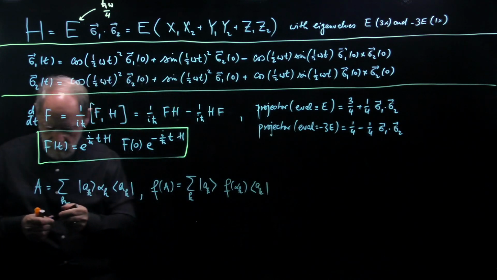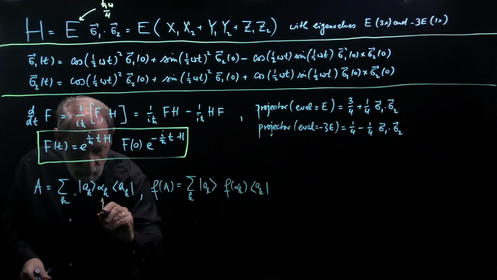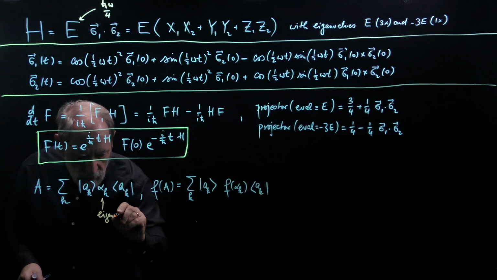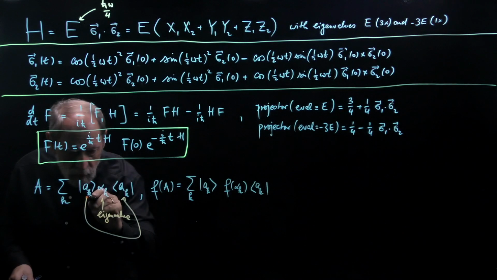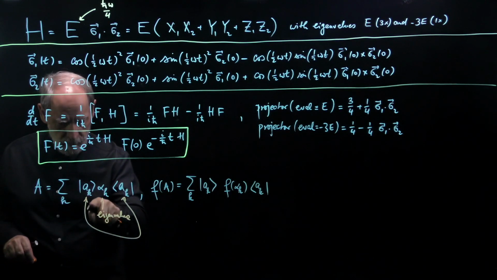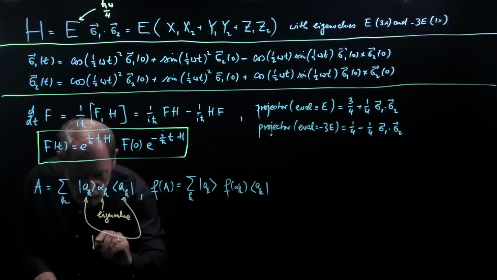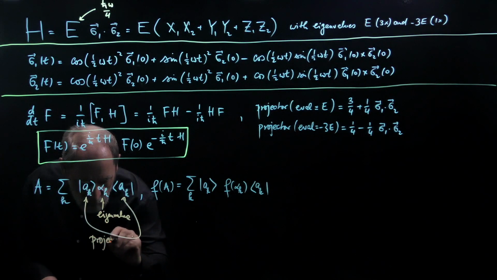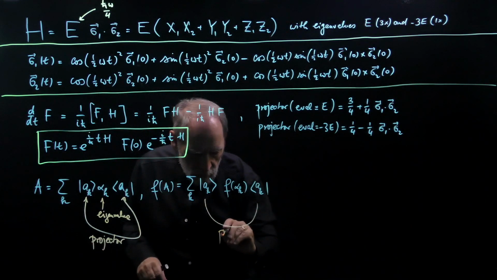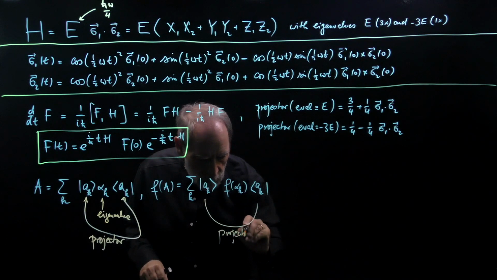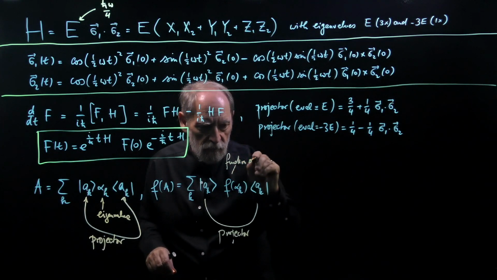So note here that these kets and bras that appear here, the ket-bra product, that's the projector for the eigenvalue. And then over here we have the projector again, but rather than the eigenvalue, we have the function of the eigenvalue.